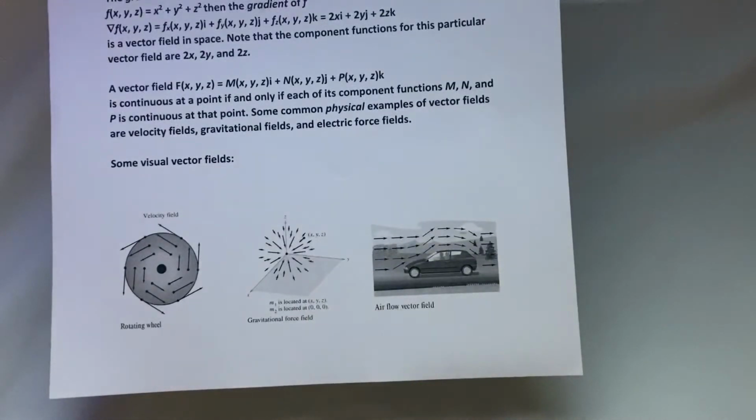And airflow: as you're driving through really any situation in a car, the air will streamline around your car, so the vector of the air changes depending on your car's interference. So there are 3 visual representations of vector fields.